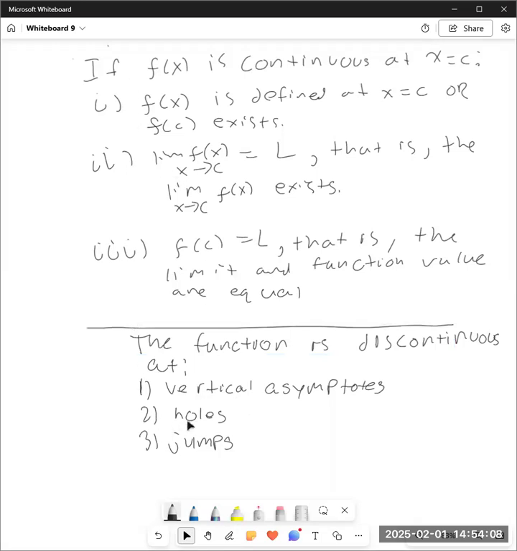let's just deal with these notes first, and then we've got several problems for this section. We'll have some of them with the function, and some of them we'll have a graph to look at. So in general, a function is continuous on its domain.